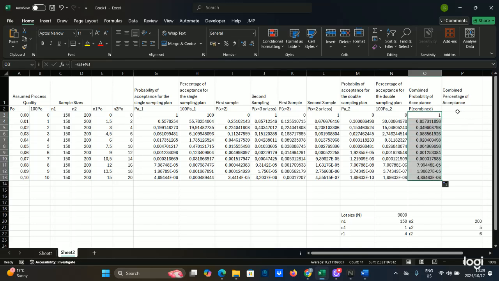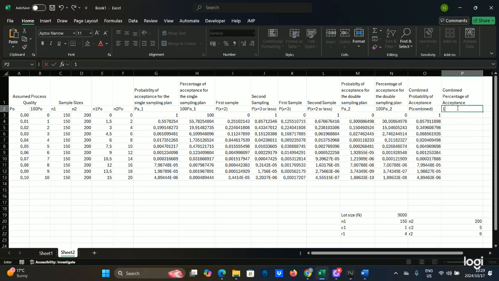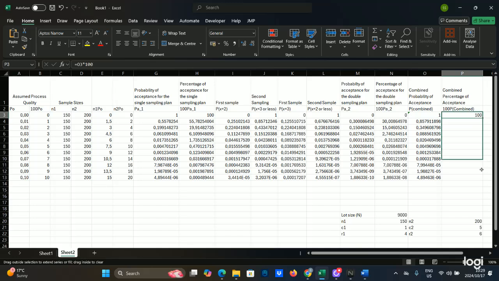Now to get the combined percentage of acceptance, it's 100 times P combined, which you get by multiplying this by 100, and then you drag.